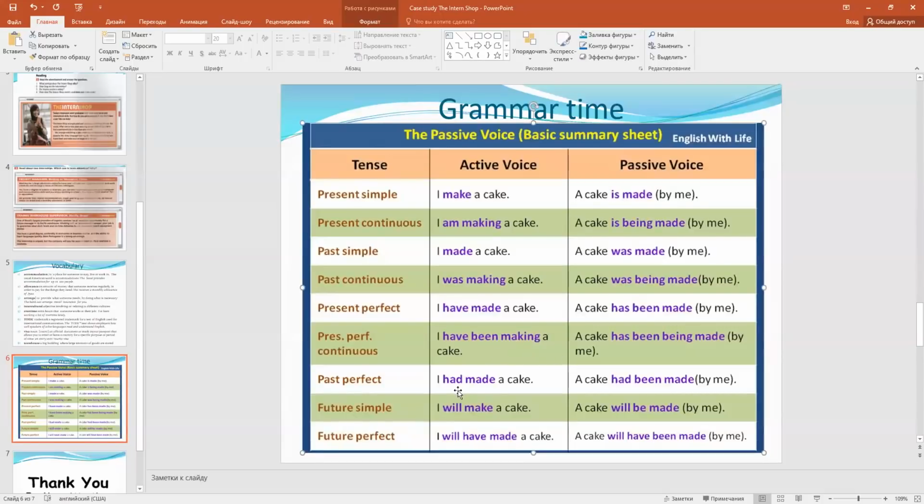2 yildan beri bu shahar quruvchilar tomonidan qurilib kelmoqda. Who can translate? The building has been built.